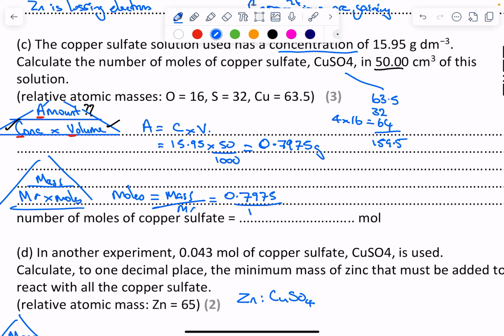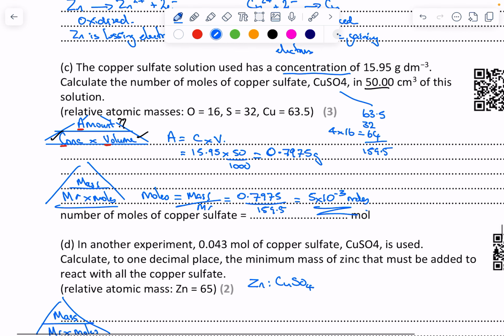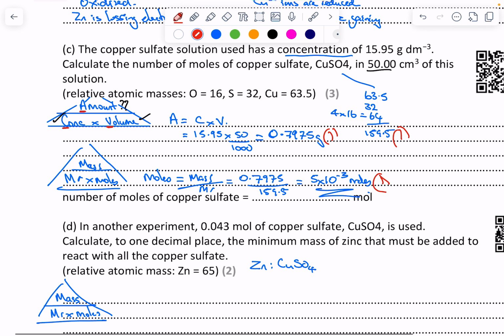So I'm going to put that into here, 159.5, and then work that on my calculator, 0.7975 divided by 159.5, and that's going to give me an answer of 5 times 10 to the minus 3, and that is moles. In terms of marks in that question, it's worth 3. You're going to get a mark in here for doing that, a mark in here for doing that, and then a mark in there for the final answer to that question.